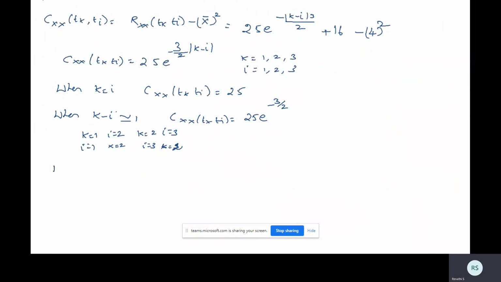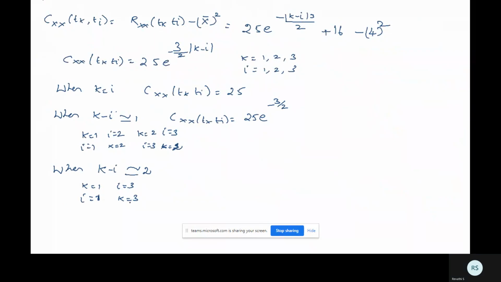Okay, and the third combination is when k minus I, the difference is 2. Difference is 2 in the sense, k can take value 1, I is 3, or I can take value 1, k equal to 3. Only these 2 combinations, I think. No other combination, because k is limited to 1, 2, 3, and I is also limited to 1, 2, and 3. So we have understood what will happen if everything is equal. First combination, second combination is between these 2 things. Third combination is 1 and 3, and 3 and 1.